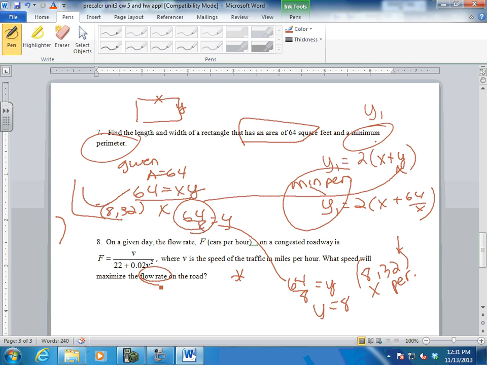So after you graph it, take a look at your table and look how small your numbers are. Make your window smaller. And your rate can't be negative. Your flow rate won't be negative. So just play with this. This is going to require a little bit of playing with your windows. You want to get your window close enough that you can find this point.